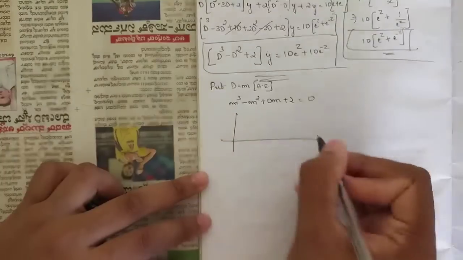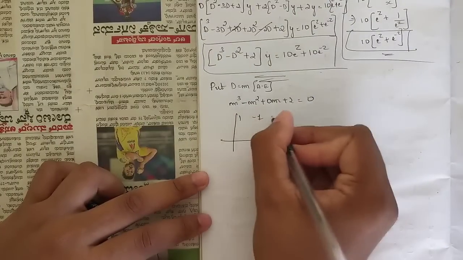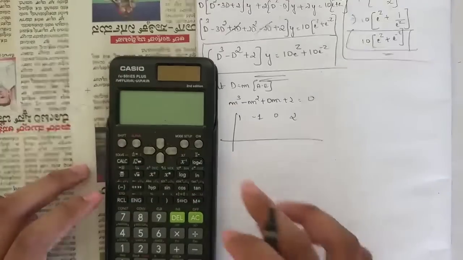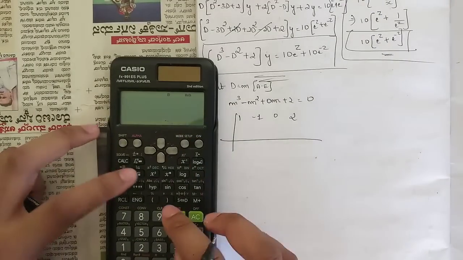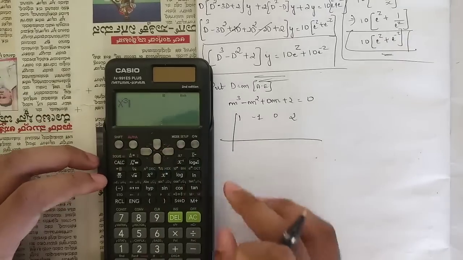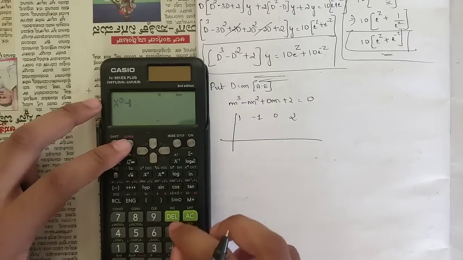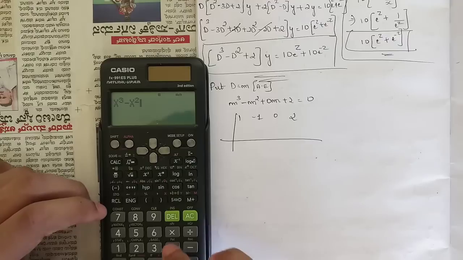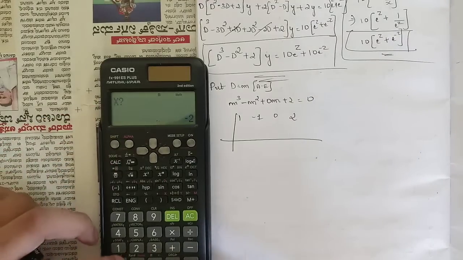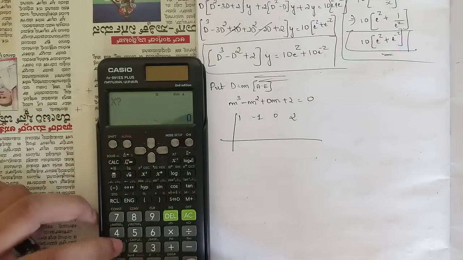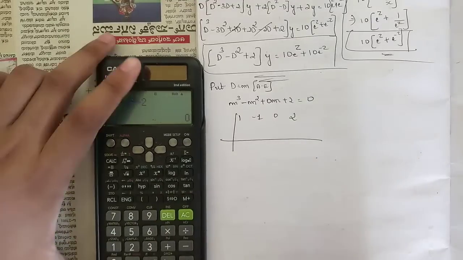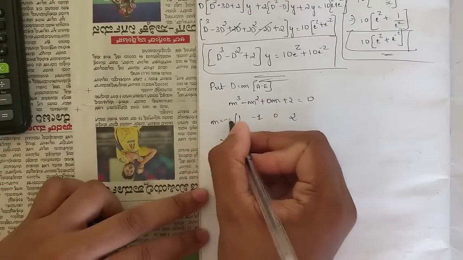So this is again of the cubic form. Write the coefficients 1, minus 1, 0 and 2 and find the first root; the equation we need to write is x cube minus x square plus 2, right? Press the calc button, first put it as 0, plus 1, minus 1, yeah, see, for minus 1 we got it as 0, so our first root is equal to minus 1.